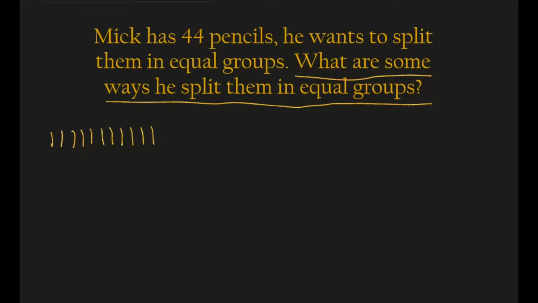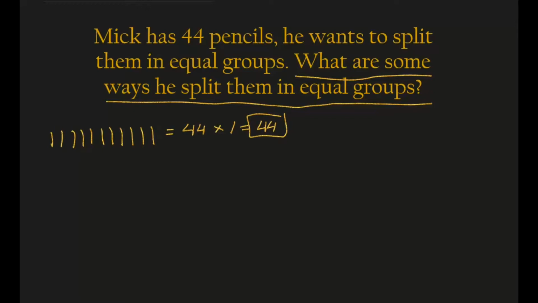There we go. So that means this is one way we can split it. So one of the factors is 44. And now let's multiply. 44 times 1 equals 44. So we got 44 as one of our factors.